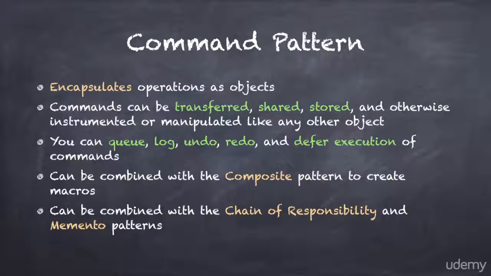You can combine the pattern with the chain of responsibility pattern to create chains of request handlers with queuing, logging, or undo capability. You can also combine the pattern with the composite pattern to create macros.